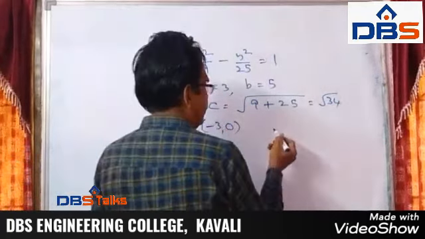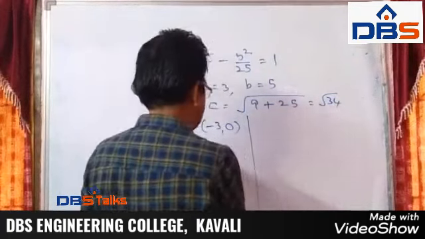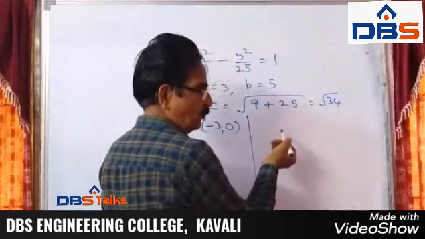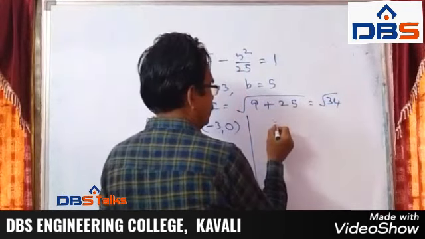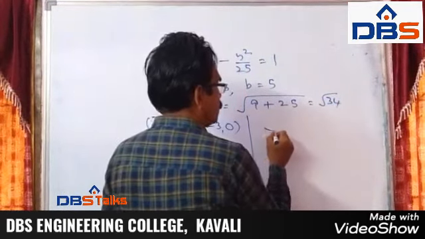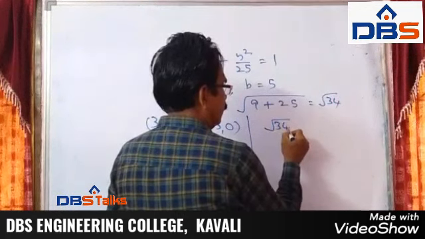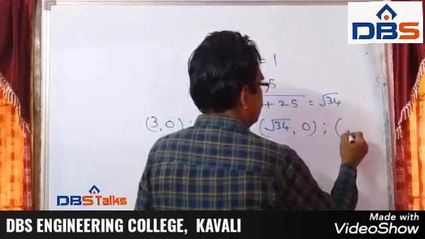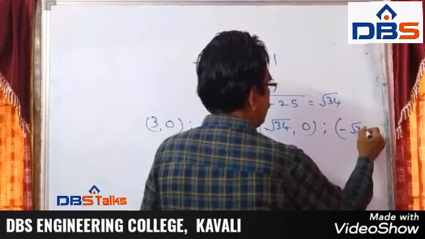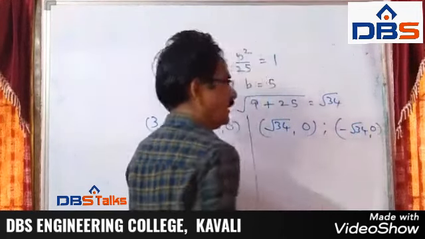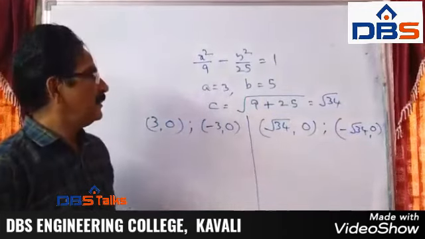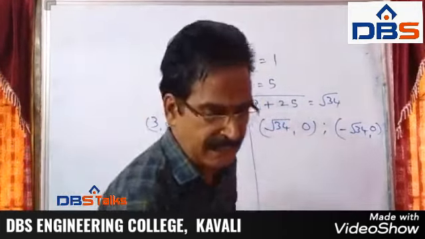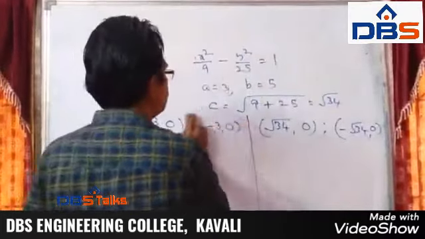And now the foci plus or minus c comma 0, so root 34 comma 0 and minus root 34 comma 0. This is another focus. So this is the first problem friends, and now let us see the second one.